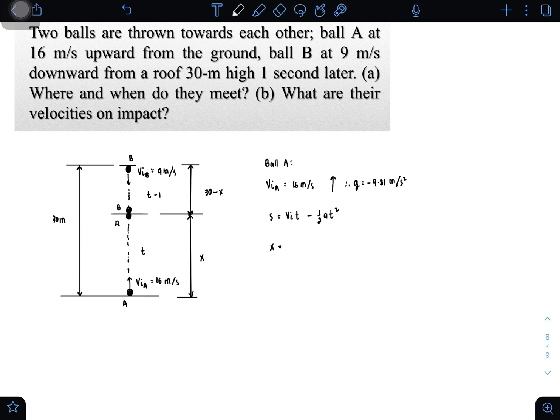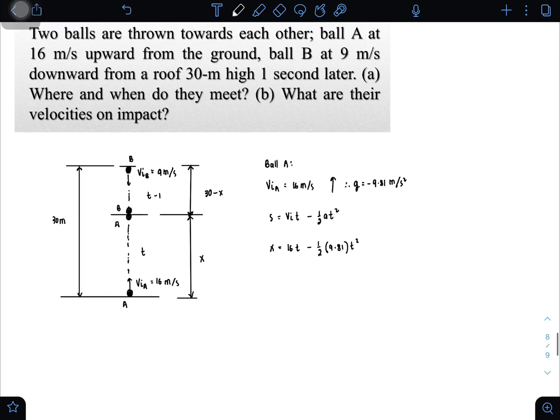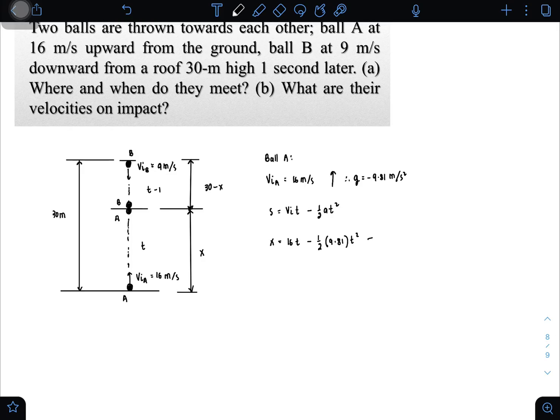So x equals the initial velocity, which is 16, times the time t, because we're referring to ball A, then minus 1/2 of the acceleration, which is 9.81. We're using the minus sign because ball A is thrown upward, against the gravity. And then you multiply that with the time squared. Since the time is the question, when do they meet? So that's equation number 1.